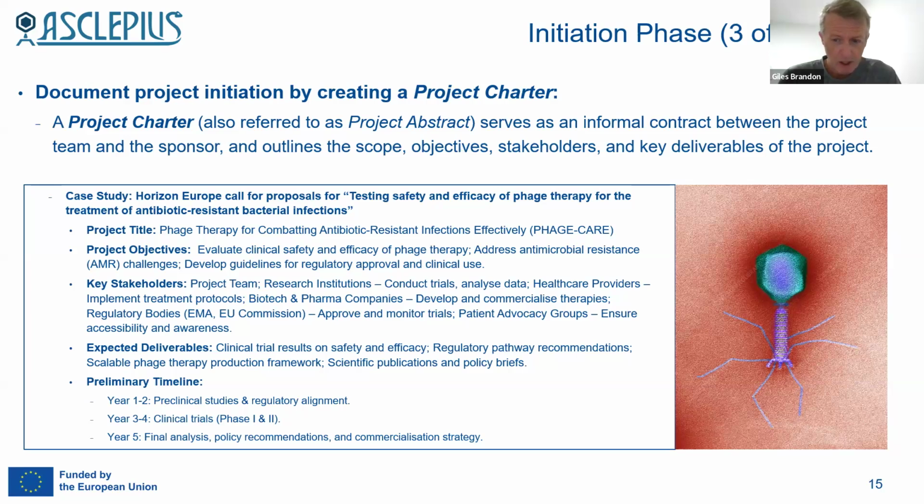With this case study, I'm trying to make it as real as possible. It says there: Horizon Europe call for proposals for testing safety and efficacy of phage therapy for the treatment of antibiotic resistant bacterial infections.